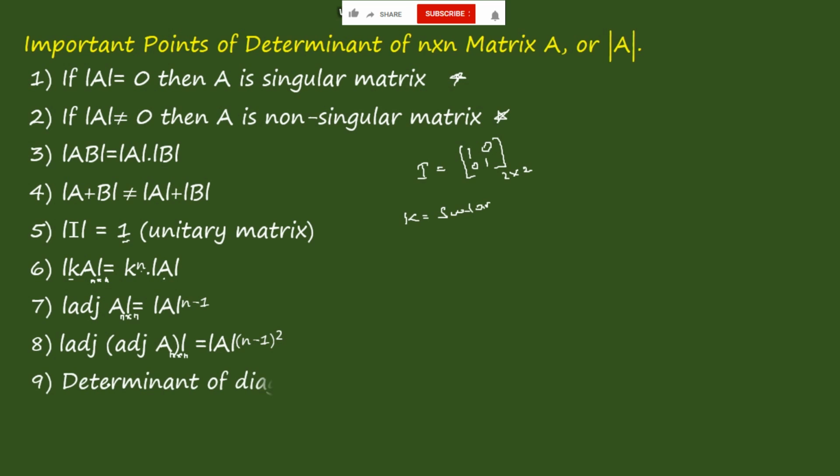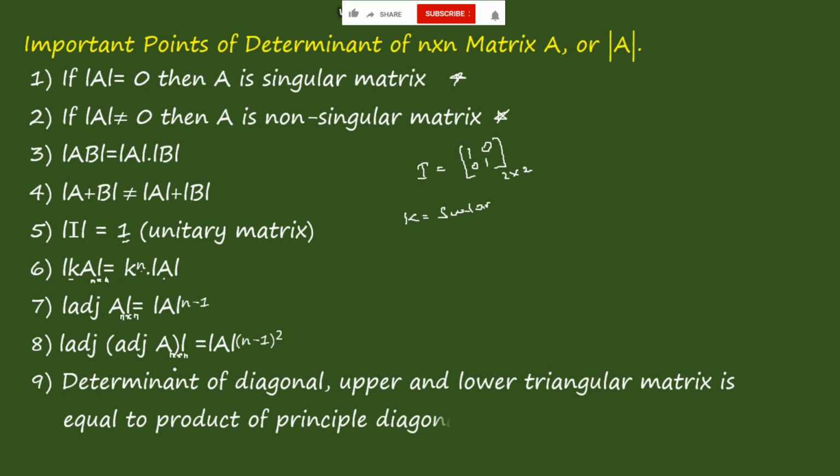Come to the ninth one, determinant of diagonal, upper and lower triangular matrix is equal to product of principal diagonal elements. If you consider an upper triangular matrix like 1 2 3, 0 7 5, 0 0 3, then its determinant is the product of principal diagonal elements.